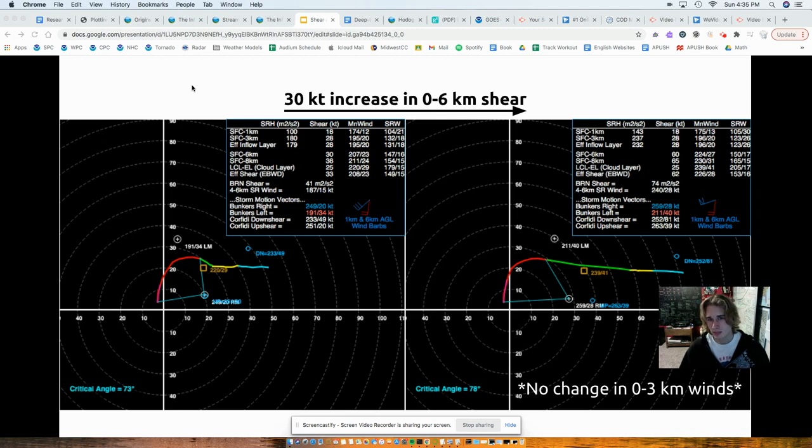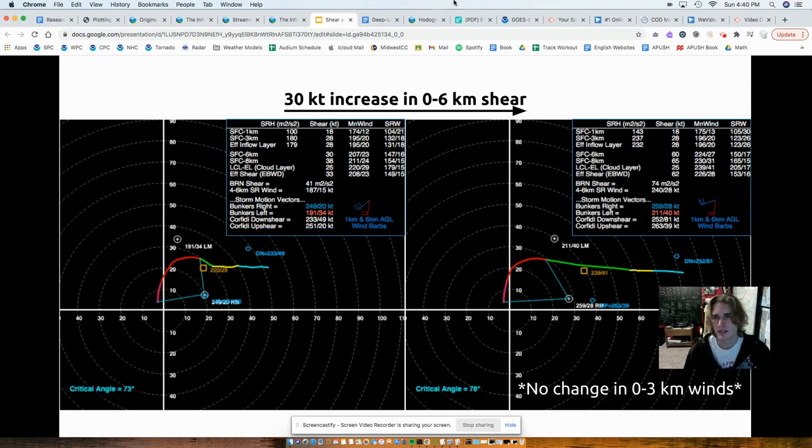So potentially the biggest difference between these two environments is that the first environment simply has a lower non-zero chance of a supercell developing, as opposed to the hodograph 2 environment, where the hodograph is going to separate those updrafts and downdrafts farther to allow that storm to have more time to ingest streamwise vorticity and acquire rotation. And I guess some would potentially argue for the hodograph 1 case that big CAPE could compensate for the lack of shear here.